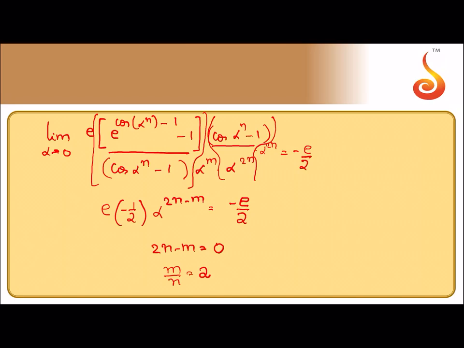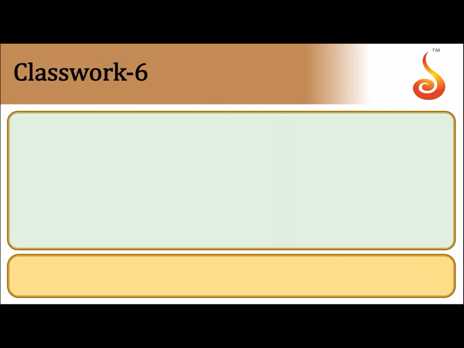Obviously both will cancel. It means 2n minus m is equal to 0. So you get m by n is equal to 2. Option C is correct. Simply bringing it to standard form.